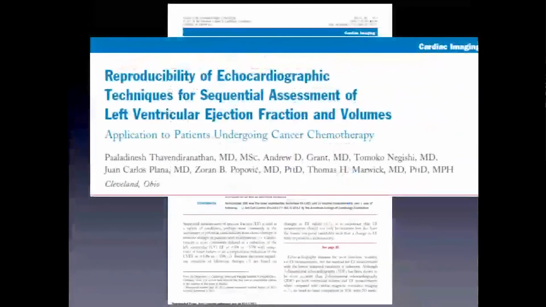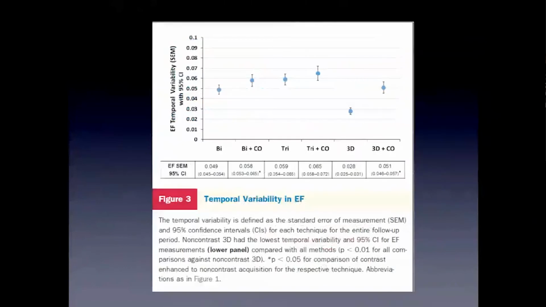The second piece of information is this one. We did this work when I was at Cleveland Clinic, and the question that we asked ourselves was a simple one. What is the inherent variability of echo? If you take somebody in whom, by global longitudinal strain, there is no change whatsoever in myocardial contractility, and you repeat the echo 8 times in a row, what is just the variability, the mistake that we will incur by using the technique?